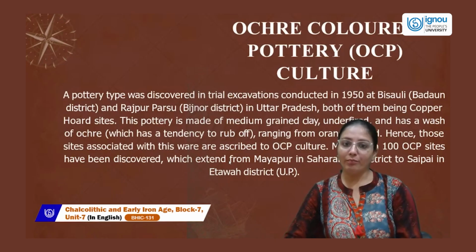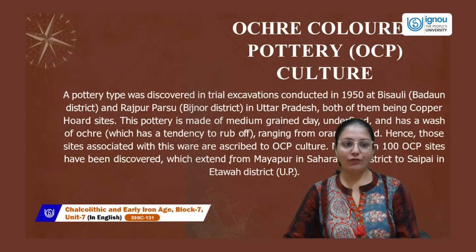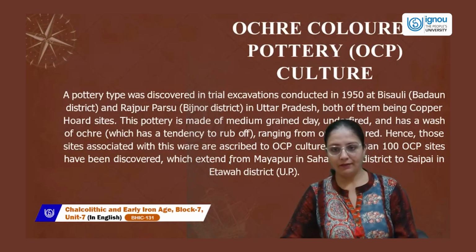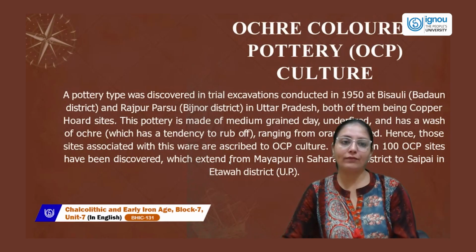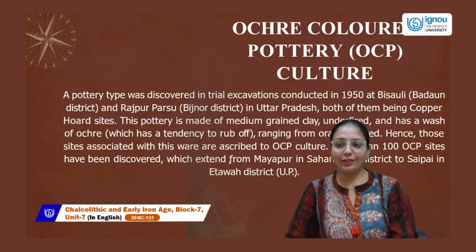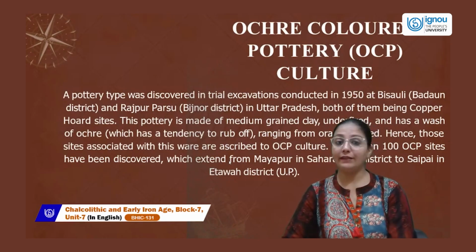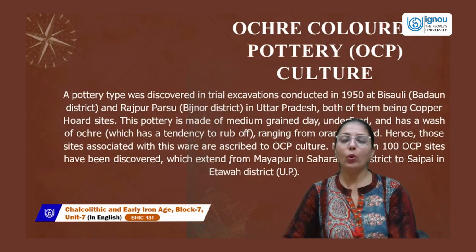This pottery is made of medium grained clay and has a wash of ochre ranging from orange to red color. If we are asked the color of these ochre pots, it ranges from orange to red. Hence, those sites associated with this ware are ascribed to the OCP culture.